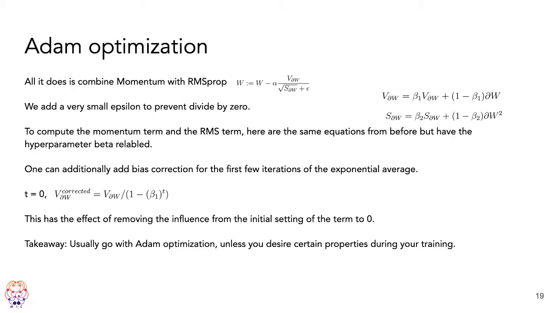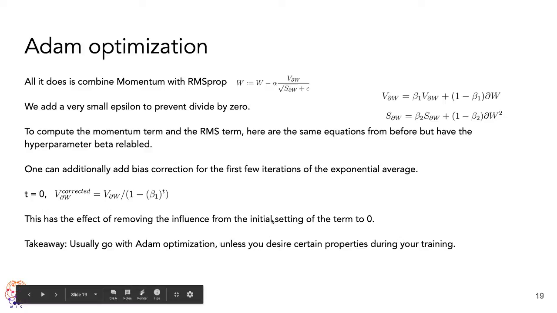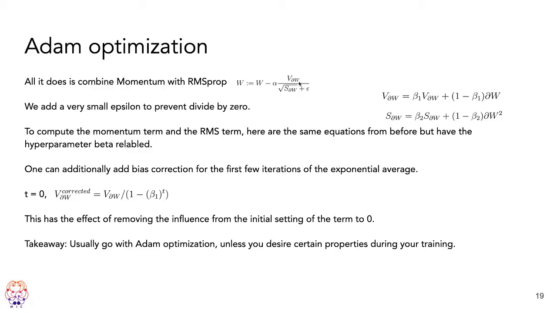And then Adam optimization. Sorry for this, we just copied from some notes, but basically we have the formula up here. From here, you can see that we have two things.